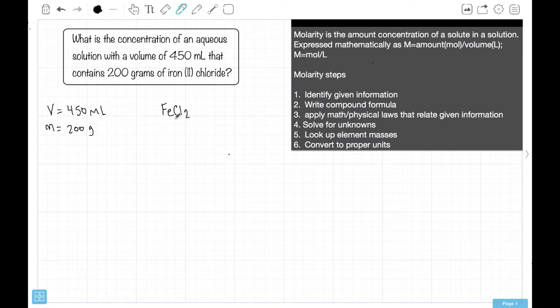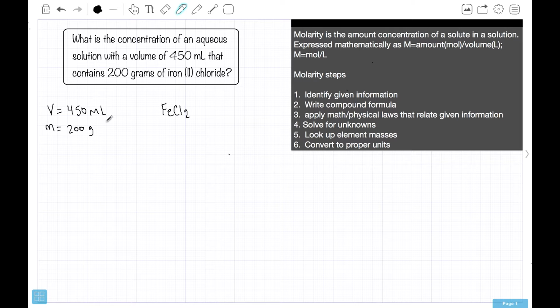So next step says apply math or physical laws that relate given information. So far we've been given a volume and we've been given a mass and we've been asked to find the concentration. Now in the beginning I said that the word concentration was a clue to molarity because molarity is the concentration of solute in the solution.